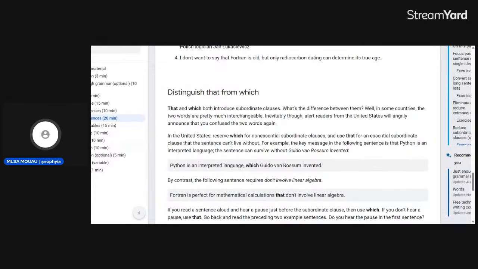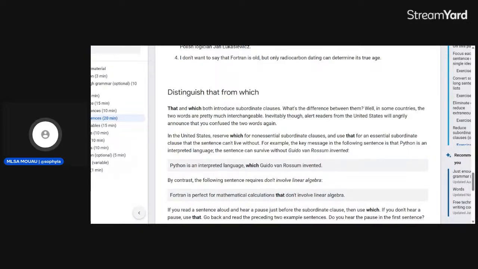Okay, and another thing is to try to distinguish that from which. When I started writing as well, it was a bit difficult for me to tell the difference between that and which.